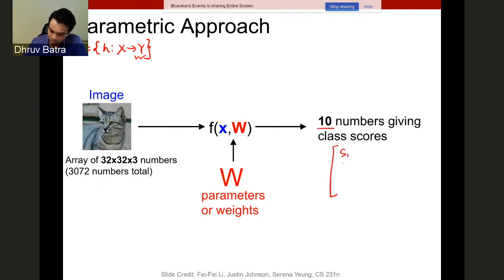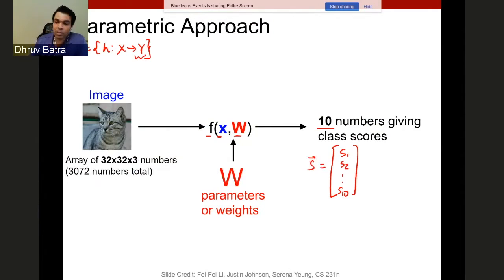So S1, S2, all the way till S10, because there are 10 classes. So I'm basically asking for a function of X, which can depend on some parameters W, that gives me this vector S of scores, 10 scores or K scores.